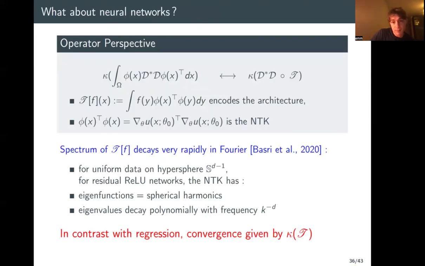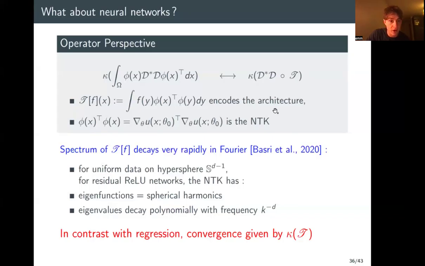And so now you can say, okay, you want this condition number to be as small as possible. Since you can't act on the PDE, so you can't act on the differential operator D, you can act on this kernel integral operator T. We said that this encodes the architecture.